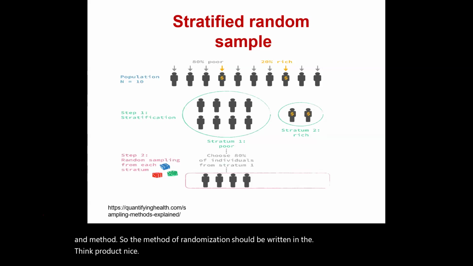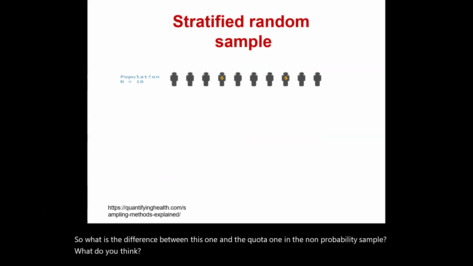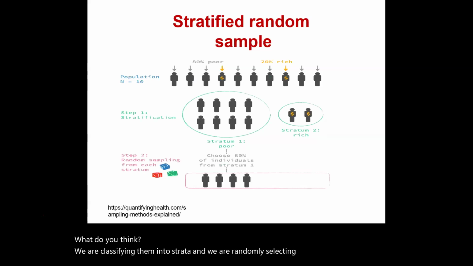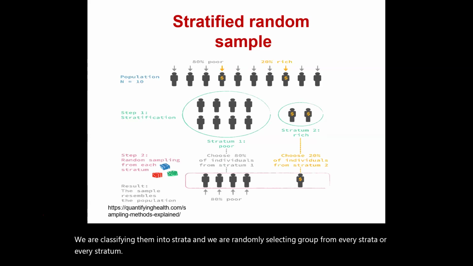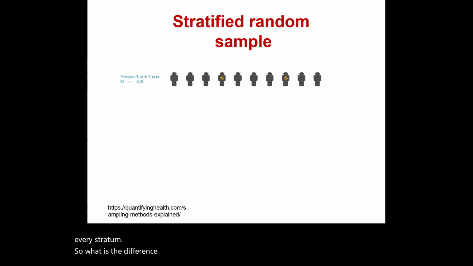So what is the difference between this one and the quota one in the non-probability sample? What do you think? We are classifying them into strata and we are randomly selecting group from every strata or every stratum. So what is the difference between stratified random sample and the quota sample?